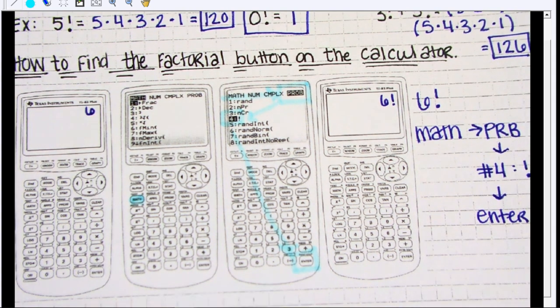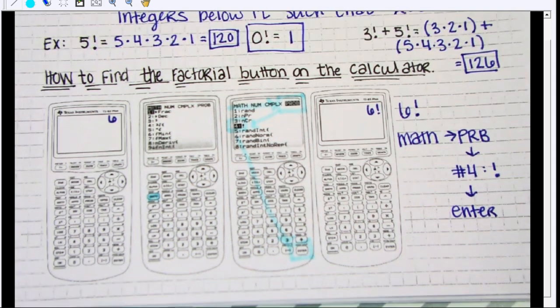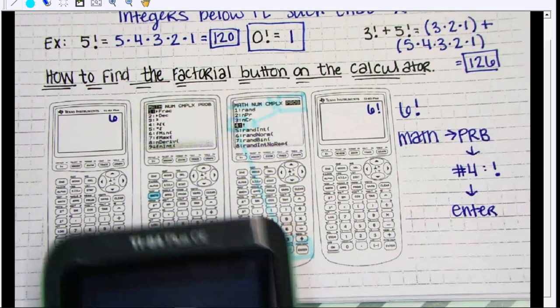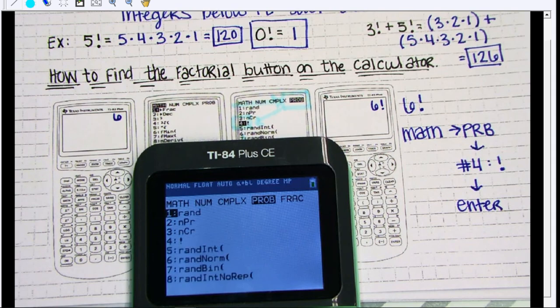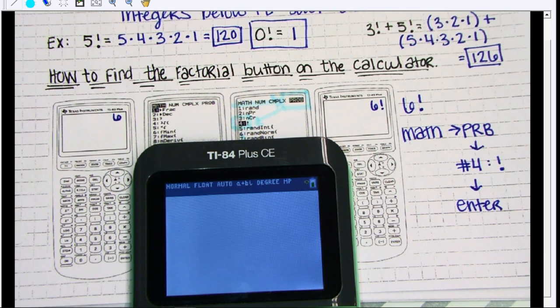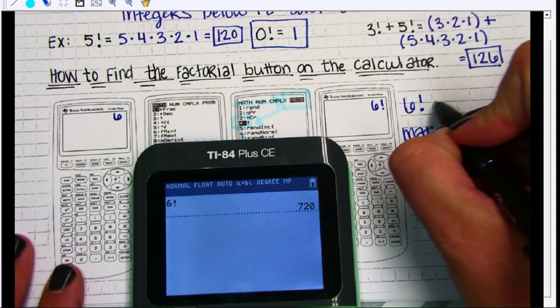So from here: math, arrow over to probability, option 4, enter, 720. So 6 factorial is 720.